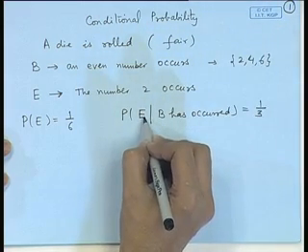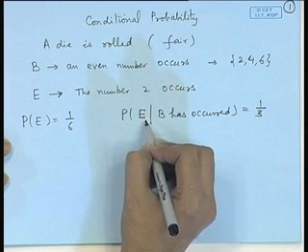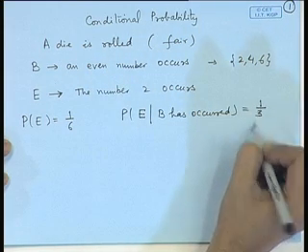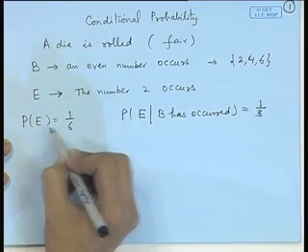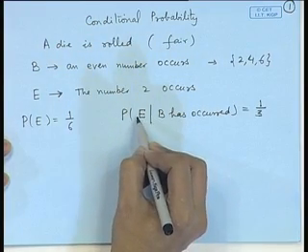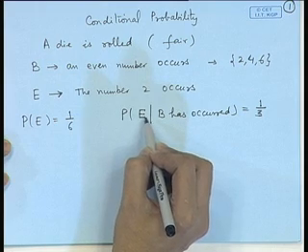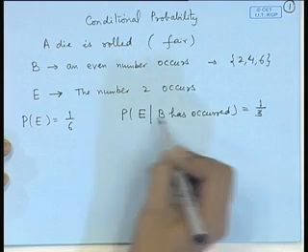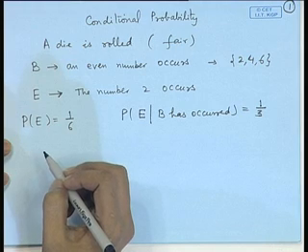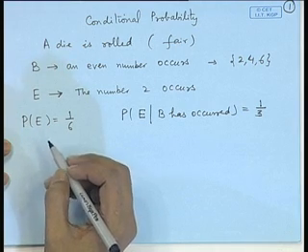Now, out of this, if 2 occurs, then it is one of the 3 possibilities, and therefore the probability of that is equal to 1 by 3. So, you can see that the partial information helps us in making better probability statements. Let us define formally the conditional probability.